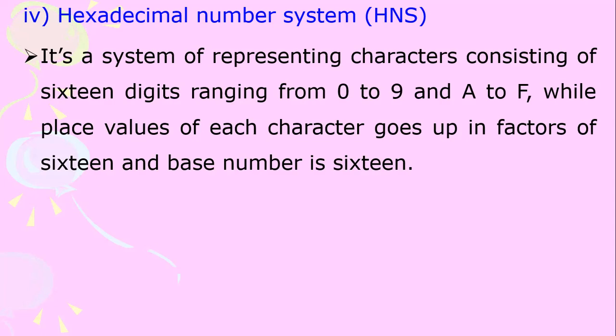In other words, we don't write them as 10, 11, 12, 13, 14, and 15, but we replace any number beyond 9 with letters A to F. And therefore, our 16 digits range from 0 to 9 and A to F. That is 0, 1, 2, 3, 4, 5, 6, 7, 8, 9, A, B, C, D, E, F.